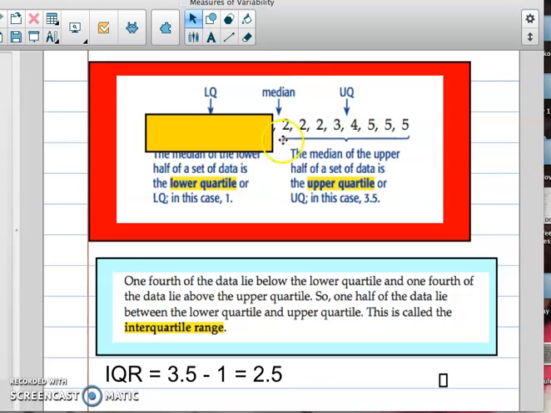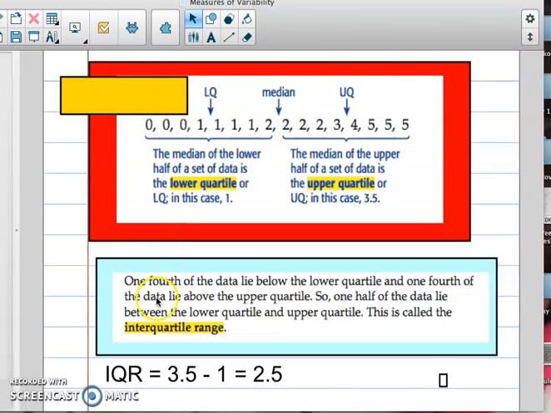In this case, we have in between 3 and 4. So obviously, without solving, 3 plus 4 divided by 2, it's so obvious that it's 3.5. But where did we get 3.5? 3 plus 4 divided by 2. So the upper quartile in this set is 3.5.